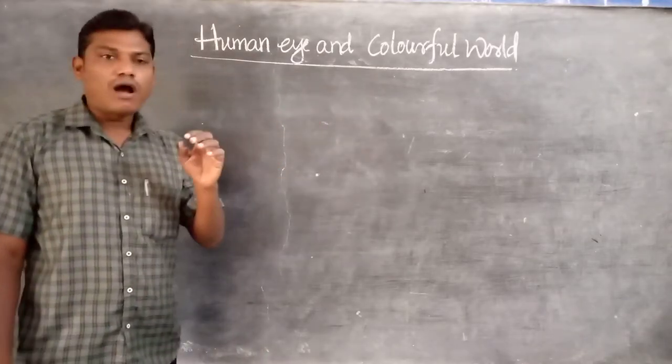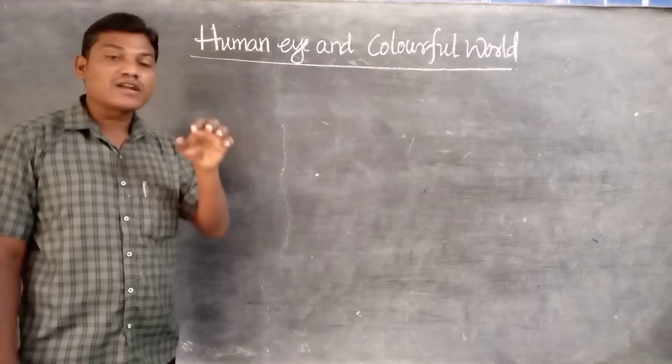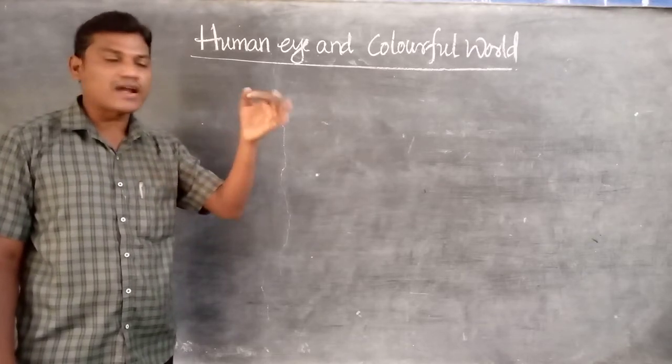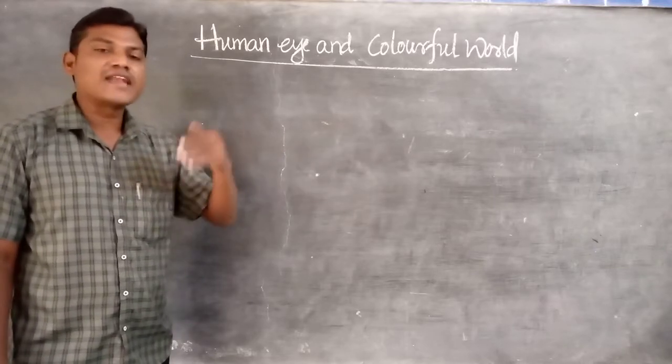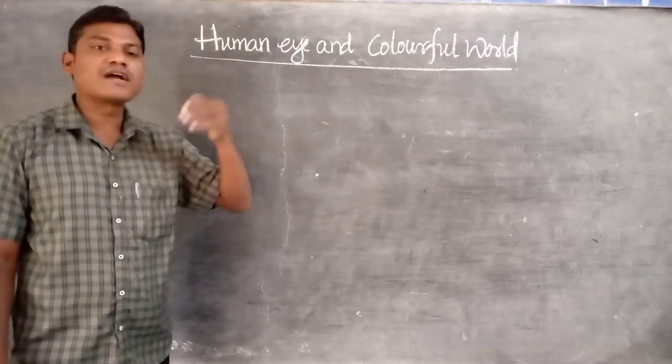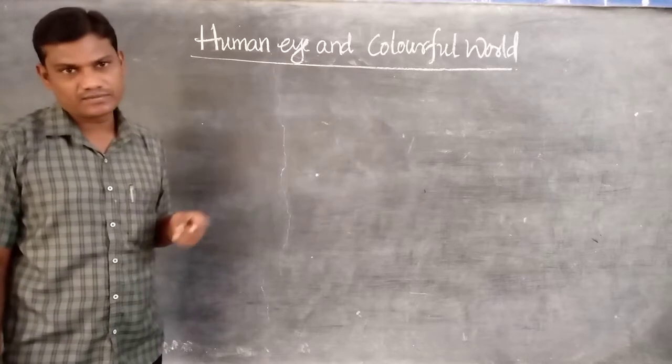After that, how many types of basic defects occur in the human eye, what they are, and how we can eliminate or correct those defects.